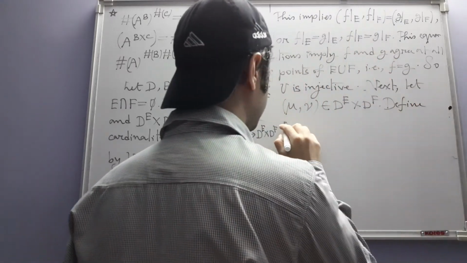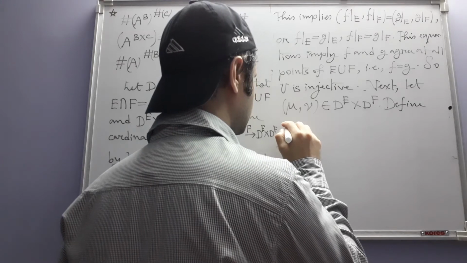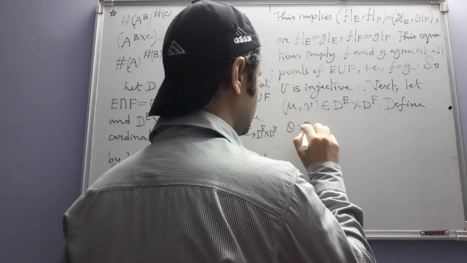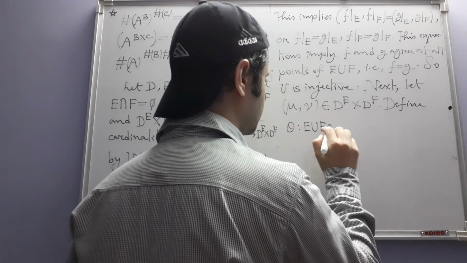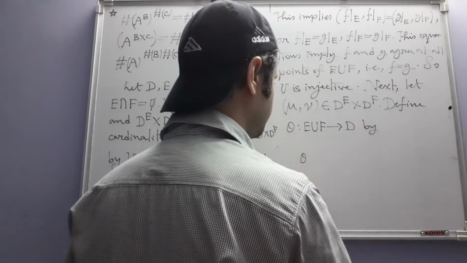Define a function, say theta, from E union F into D by this formula.